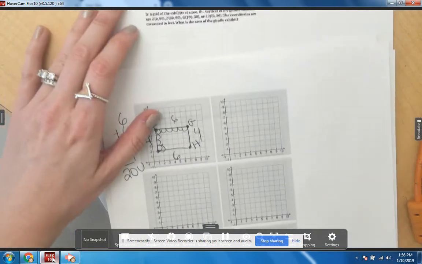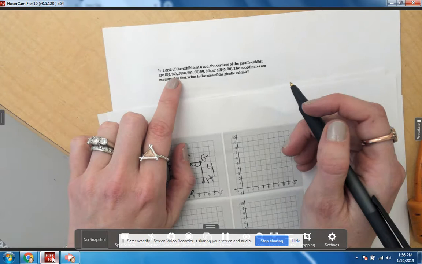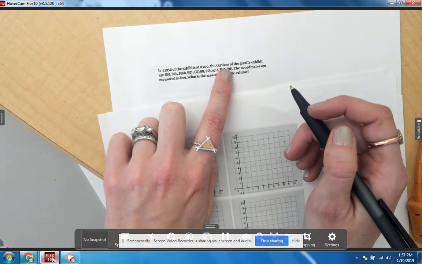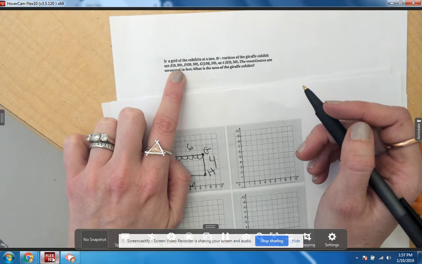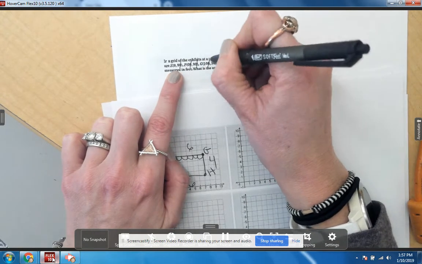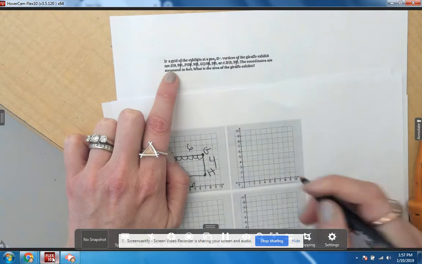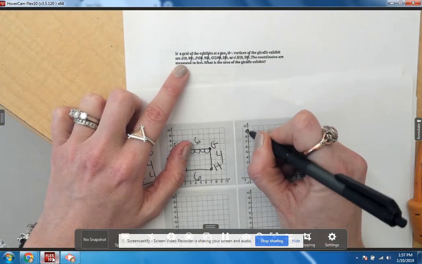Okay, find a new grid. I'm just using this one. You find an empty grid. Try this one. It says, in a grid of the exhibits at the zoo, the vertices of the giraffe exhibit are E is 0, 90. I'm just going to pretend the zeros aren't on here because our grid is not that big. So we'll just take a 0 off of each one. So let's pretend it's just 0, 9. So I'm going to go 0, up 9, put a dot.